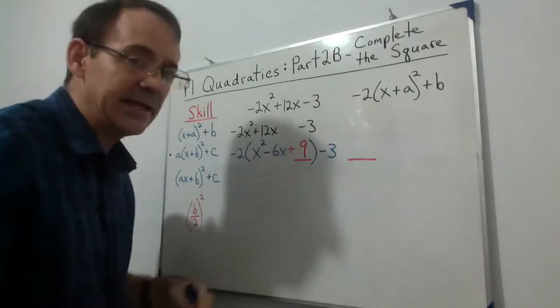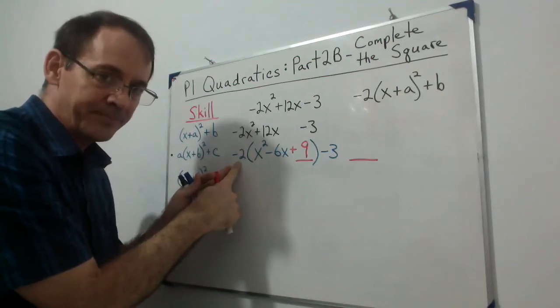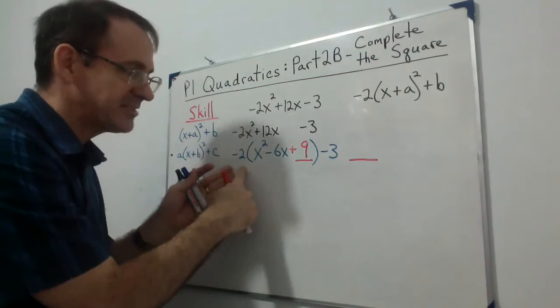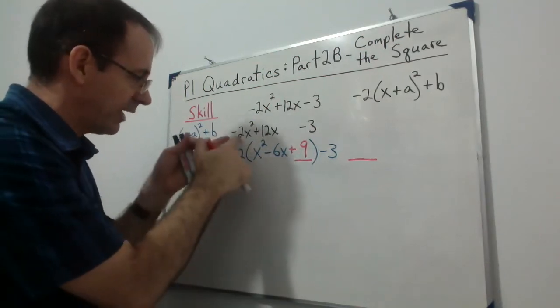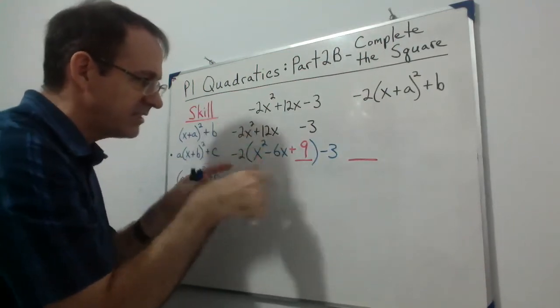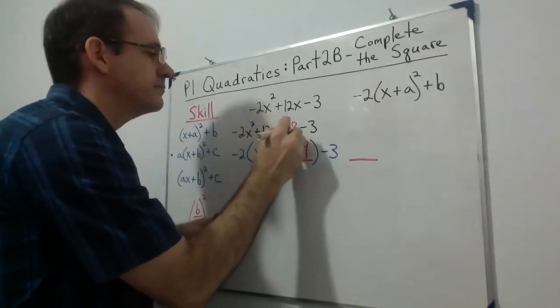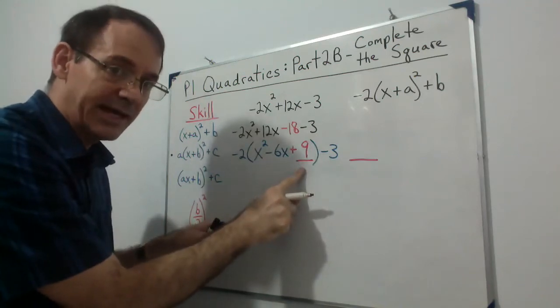This 9 is now affected by what we factored in the front, because factoring is division. But if you expand this, meaning you multiply it, this becomes -2x squared. This becomes a +12x. That means this would actually become a -18, not a +9.